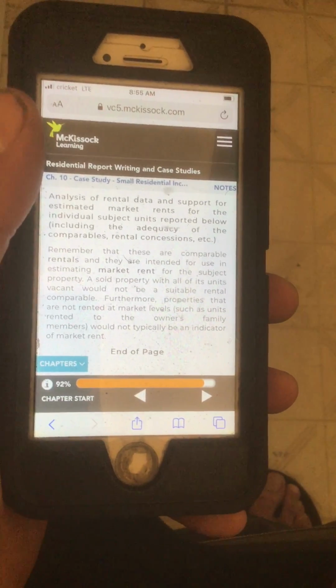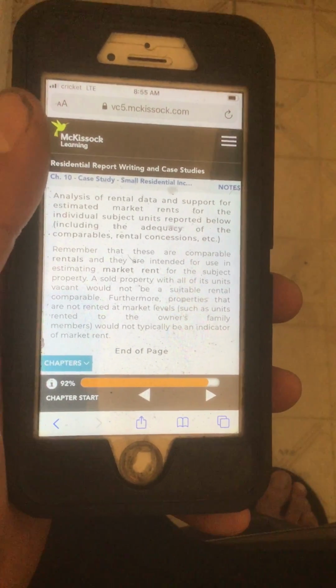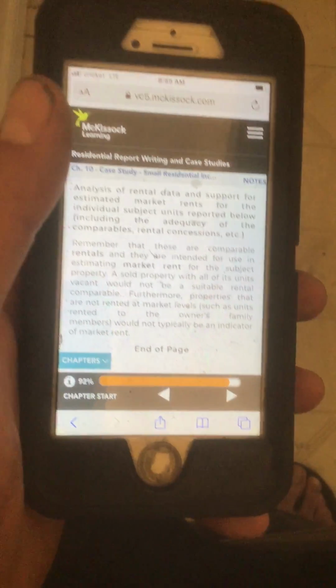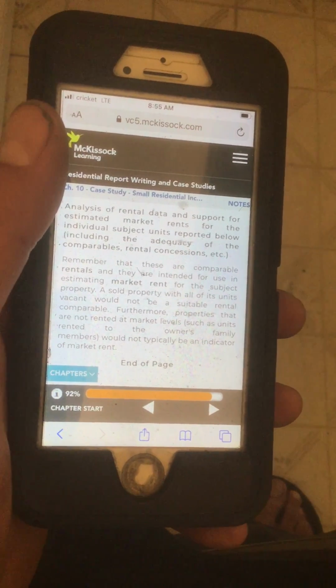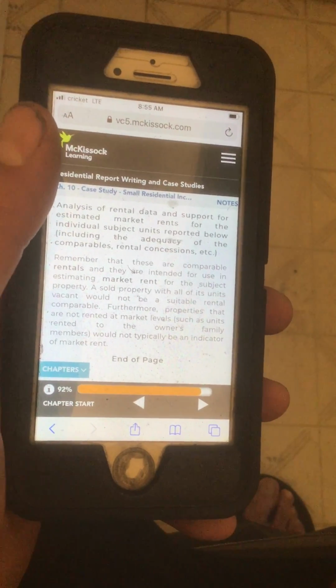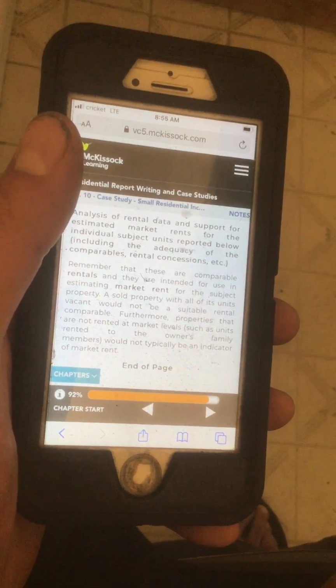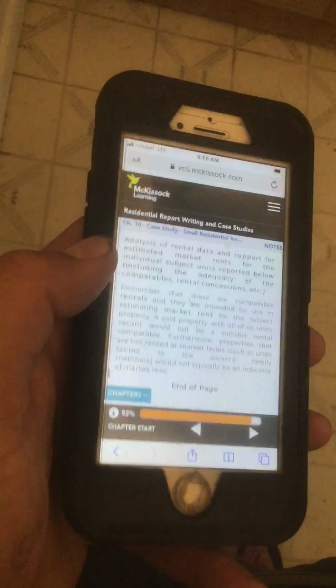A sole property with all of its units vacant would not be a suitable rental comparable. Furthermore, properties that are not rented at market levels, such as units rented to the owner's family members, would not typically be an indicator of market rent.